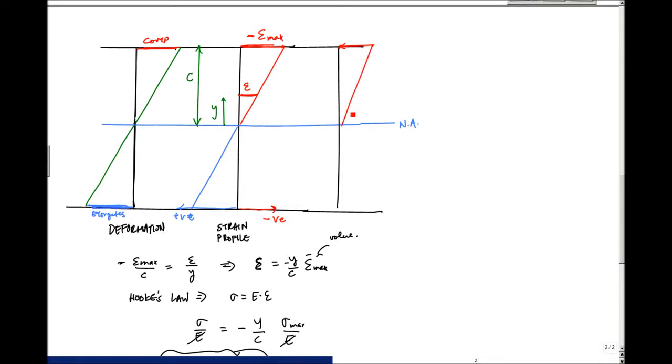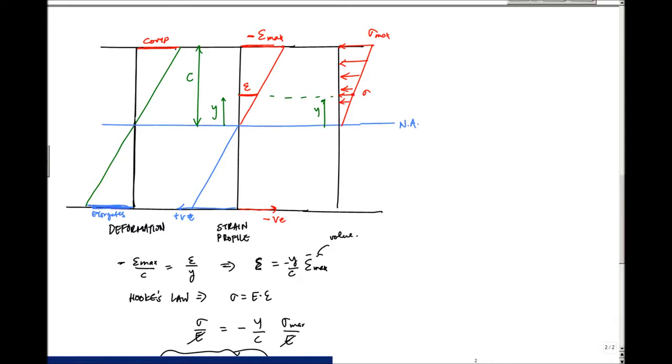Again, I'm just multiplying all the strain values here by a constant, and that gives me this stress profile, meaning that I have sigma max in compression here, and at some distance y, I have sigma in compression right there.